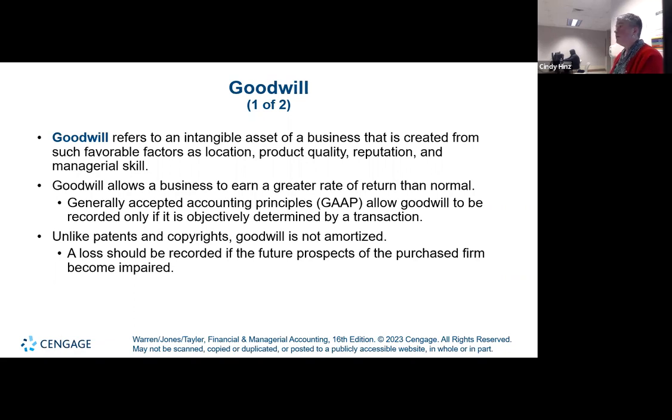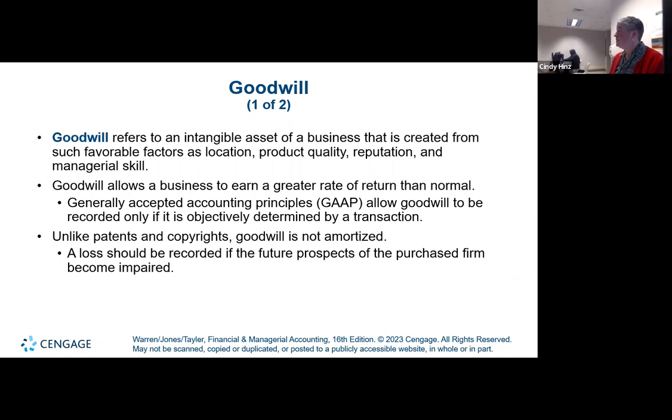But each year, we are going to do what's called an impairment test. We're going to look at that $50,000 in goodwill and say, is it still worth that? If we think it's actually worth $70,000 more, that's tough. We don't get to write up the value. We don't get to increase the value, just like we talked about on Tuesday with land.